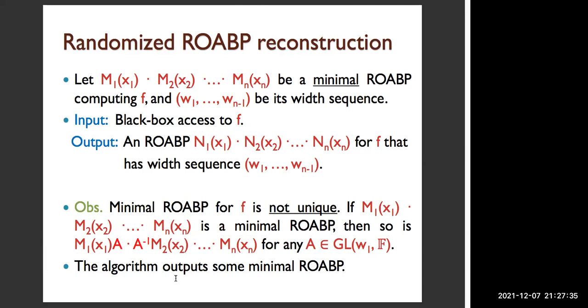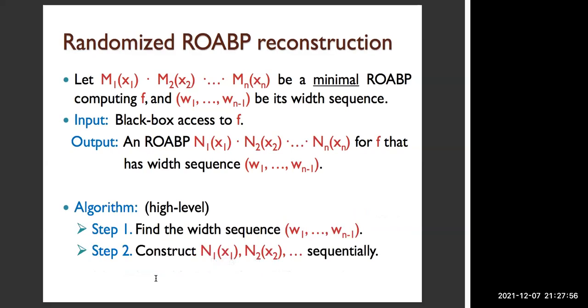So minimal ROVPs are not unique. So the algorithm will output some minimal ROVP, and we will see from the reconstruction algorithm that essentially left-right multiplication with invertible matrices is the only way you can generate minimal ROVPs for F. At a high level, the algorithm has two steps.